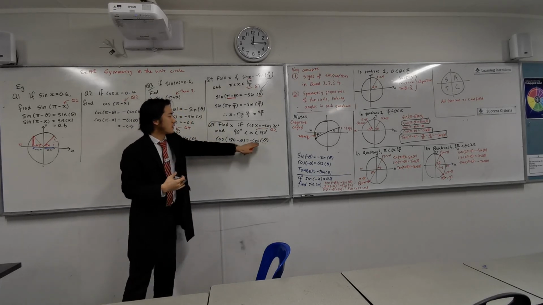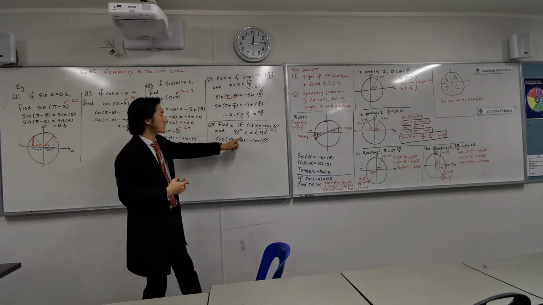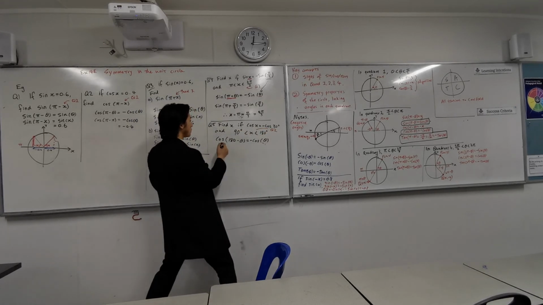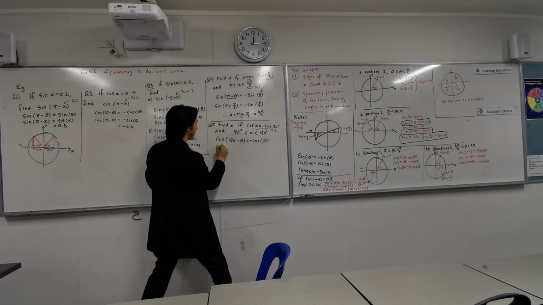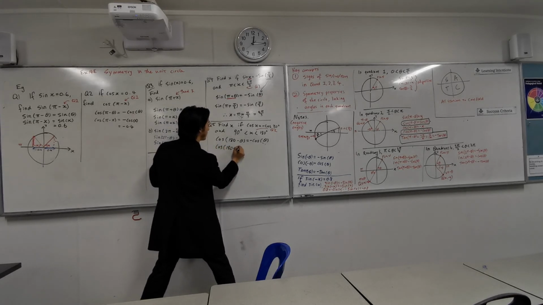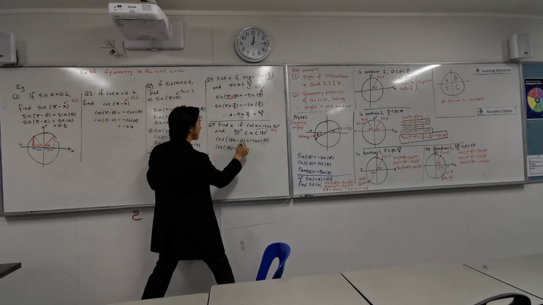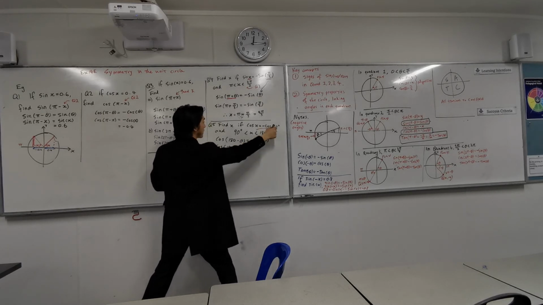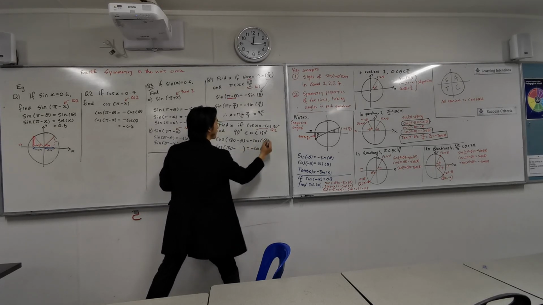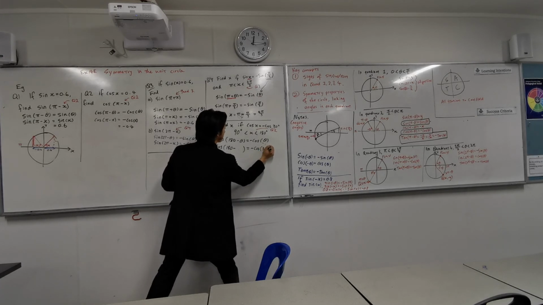Now we've set up our general formula. We can start linking it with the information in our question. So in this case, we have cos of 180 minus theta is equal to negative cos of theta. So that theta is 30 degrees.